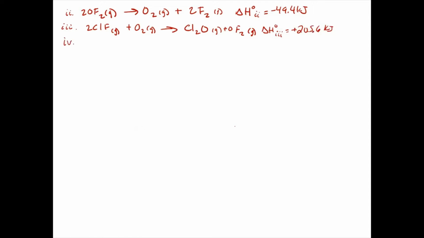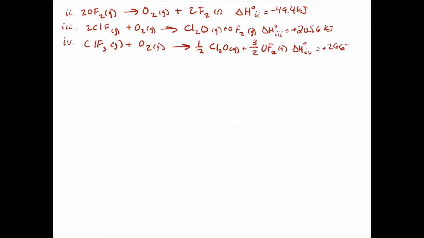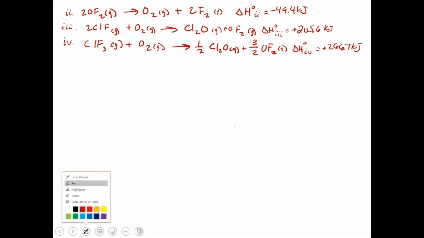And equation 4. Okay, so one other thing I didn't really touch on was what I would do is I go back and I look at the little mini equations and I look at what they have in them that I have in my overall reaction that I care about.